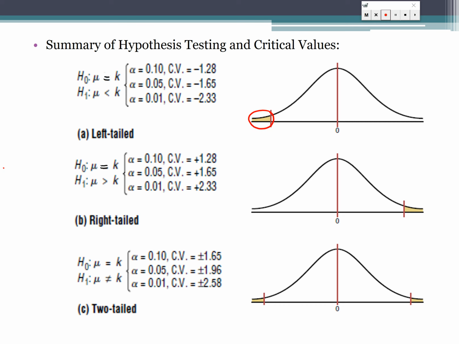So tomorrow when we run our test and we get a test value, we're not going to run any tests today, but when we get our test value, if our test value falls in that shaded region on the distribution, we reject our null hypothesis. If our test value falls in the non-shaded region, we don't reject our null hypothesis. Here is where our critical value would lie.